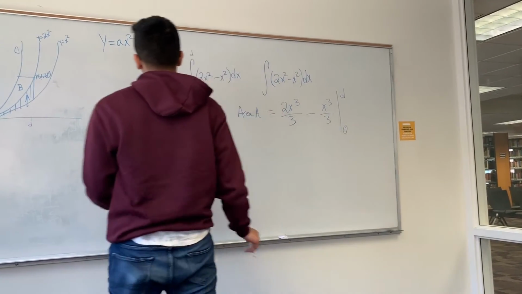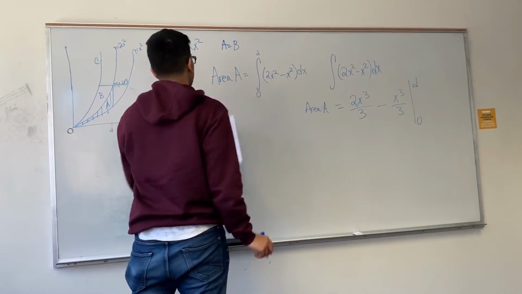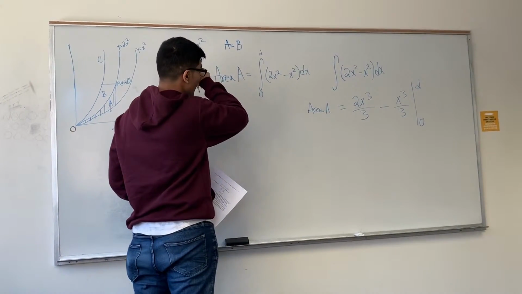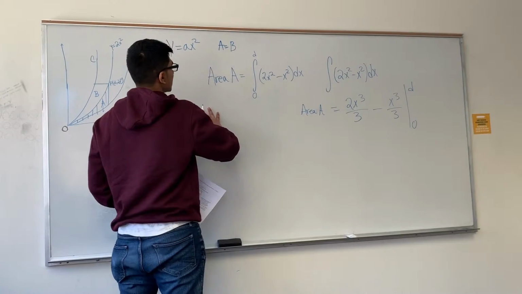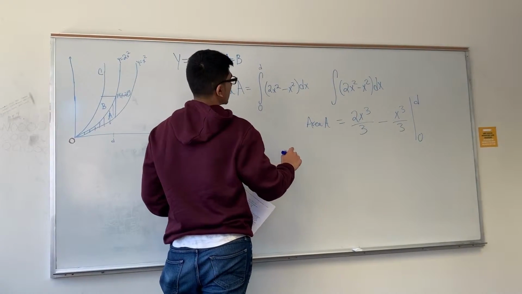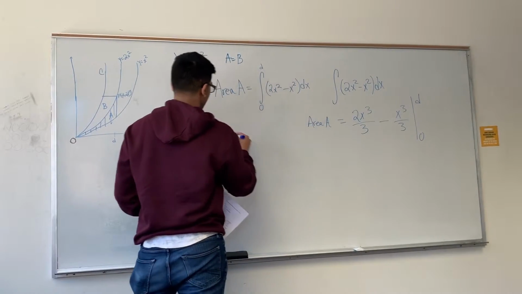So now that we found this, we can find the net area for A, which will give us the area of the whole region A. So in order to do that, we find area A of D, plug in D, and then subtract from it area A of 0.